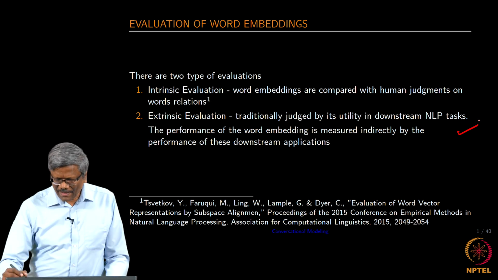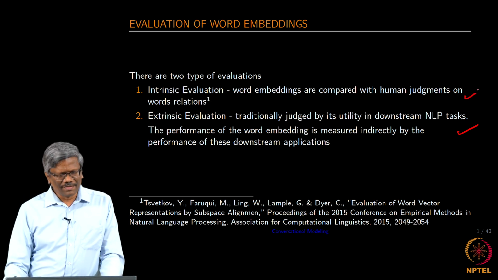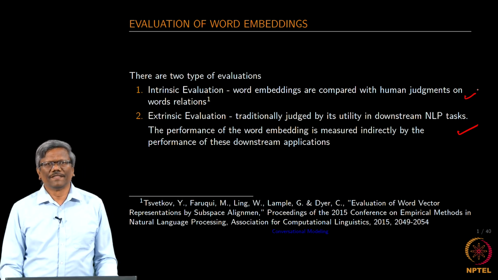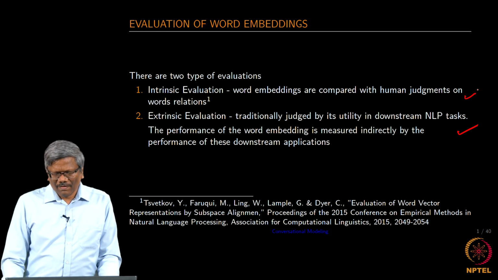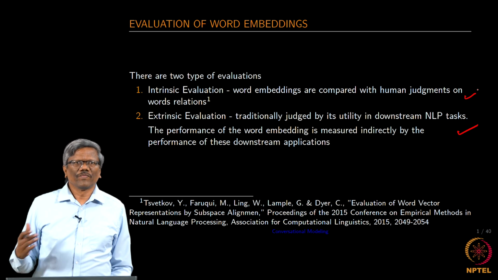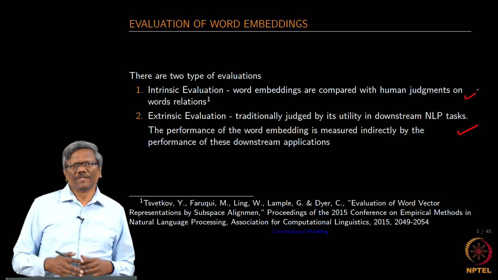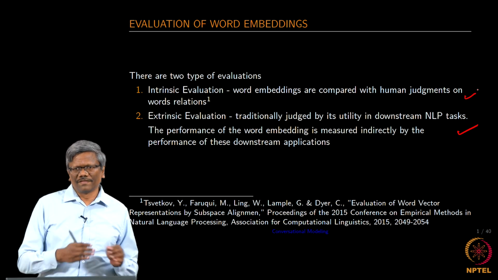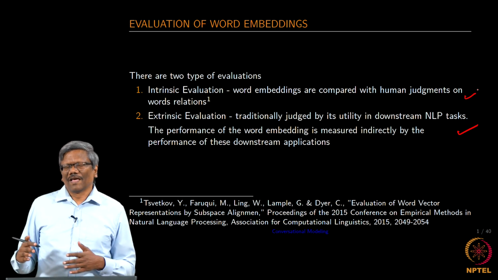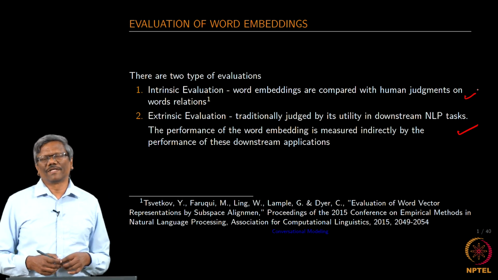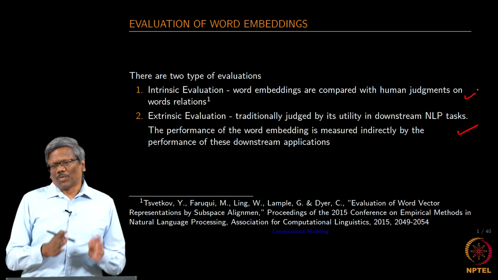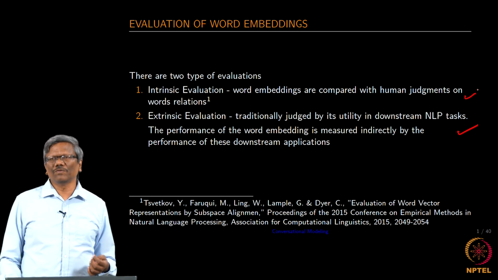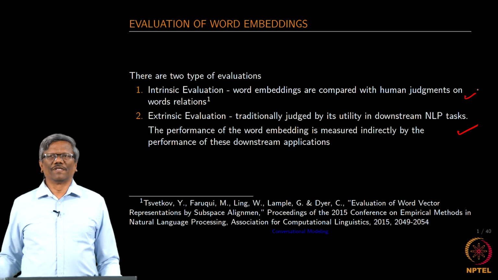The other one is actually, as I mentioned earlier, using the intrinsic evaluation. So, in this case what we do is we compare the word vectors created by the applications with the word vectors that are judged by humans. So, what we do in this case is we give a set of words and then ask the human to verify whether the similar words are really applicable for a given word or not. So, take one word and then provide various similar words to that and then ask the user to provide a score for each of those words.